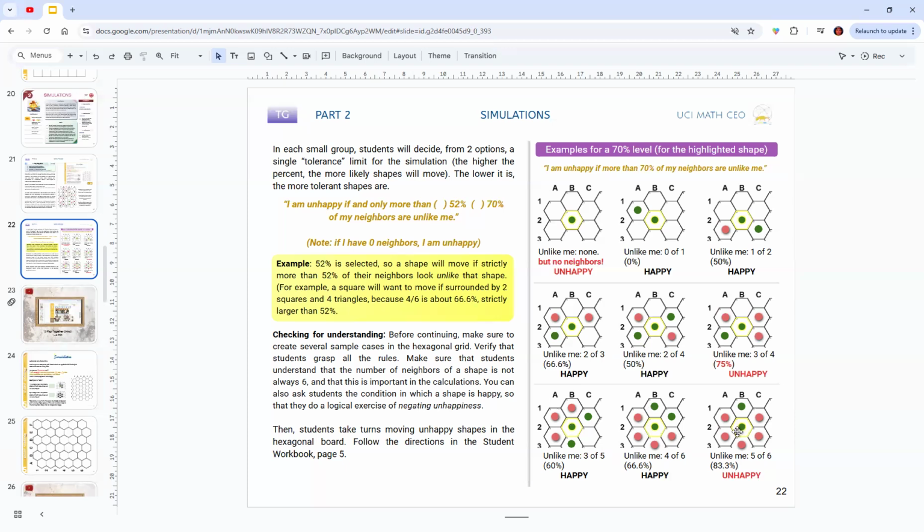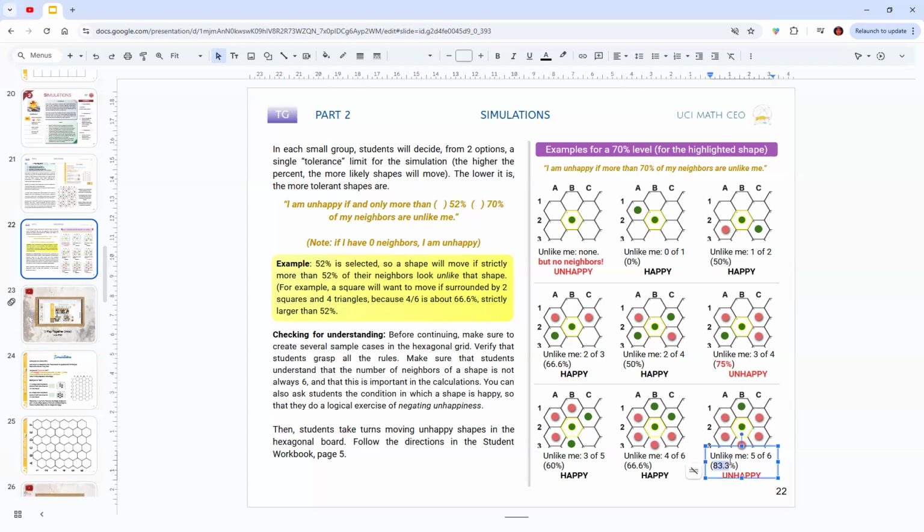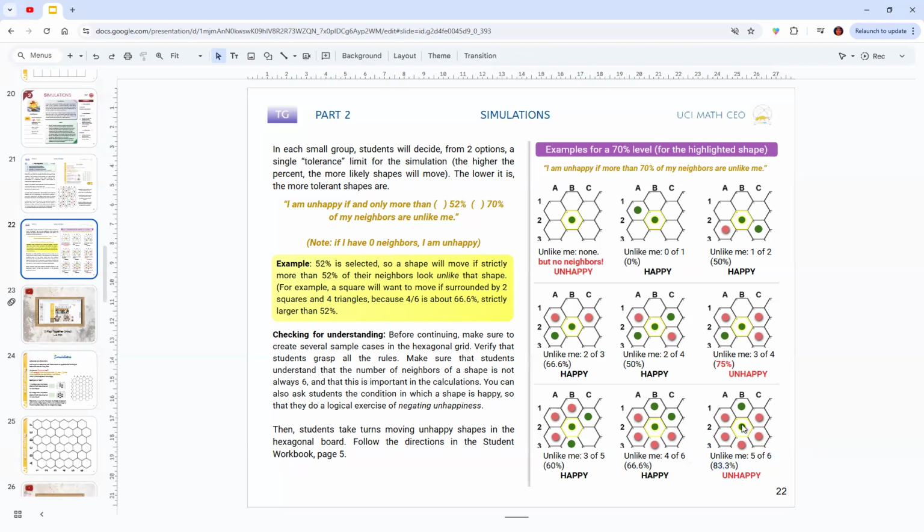And only if you have 5 or 6 that are not like you, that bumps to 83.3%, then you're unhappy and you will move. So as you can see, there's lots of happiness here, and it's kind of difficult to move. In this case, we have to be either isolated, or 3 out of 4, or 5 out of 6 not like you.